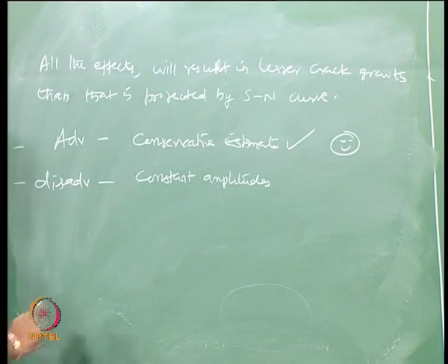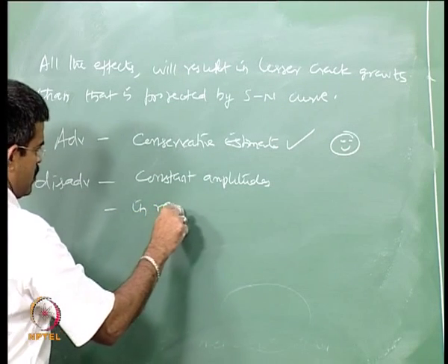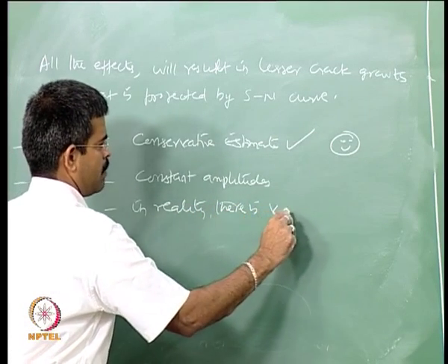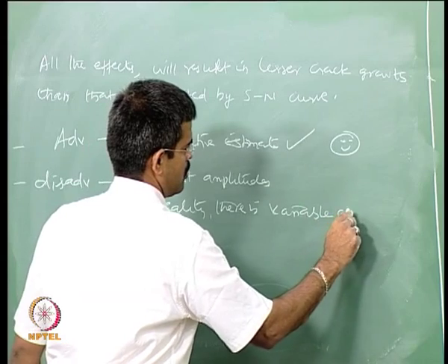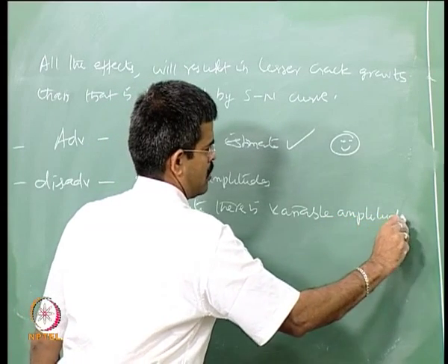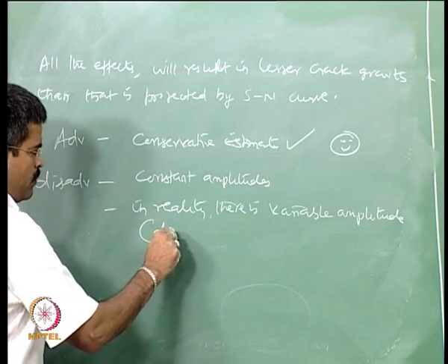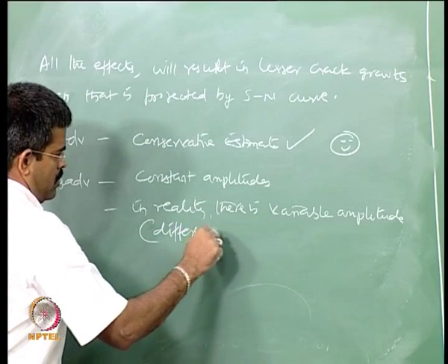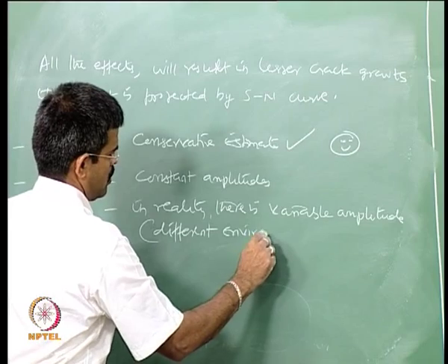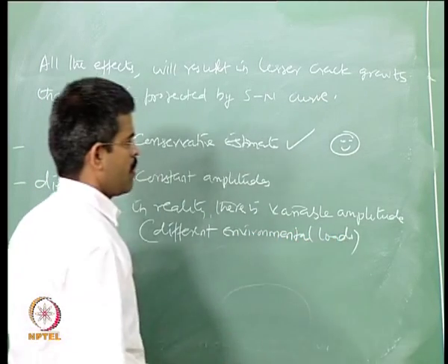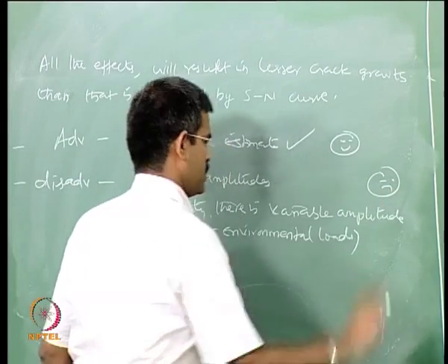But in reality there is variable amplitude, which is essentially caused by different environmental loads. So, that is a demerit.